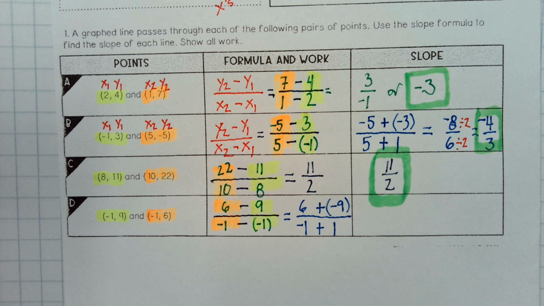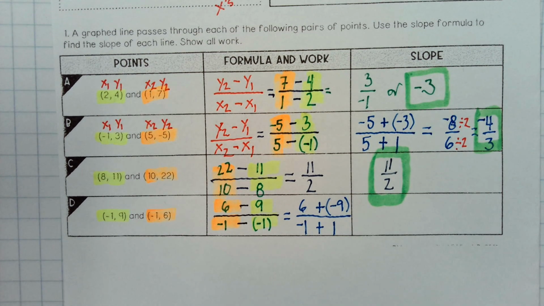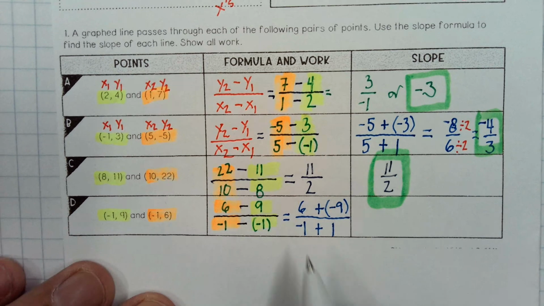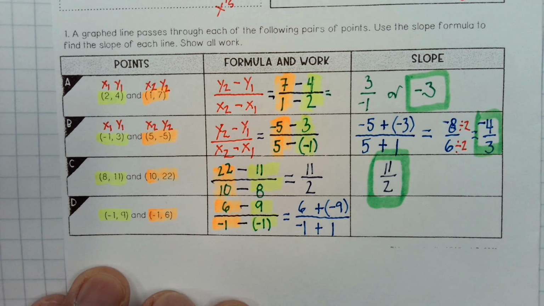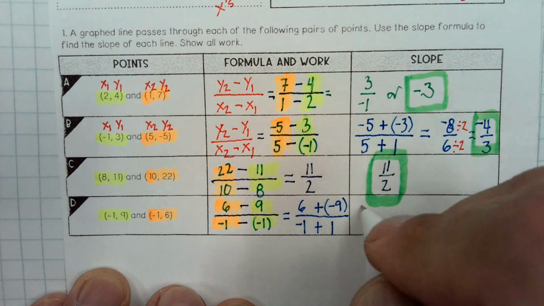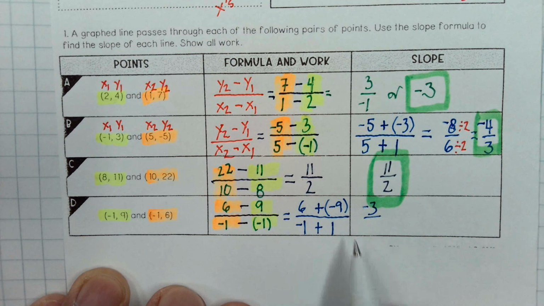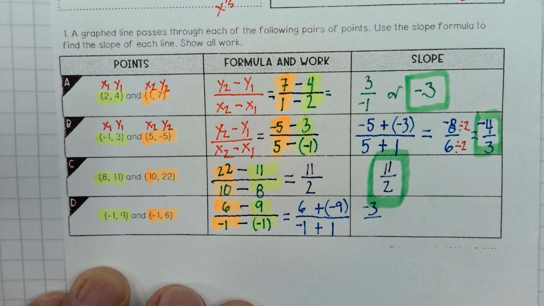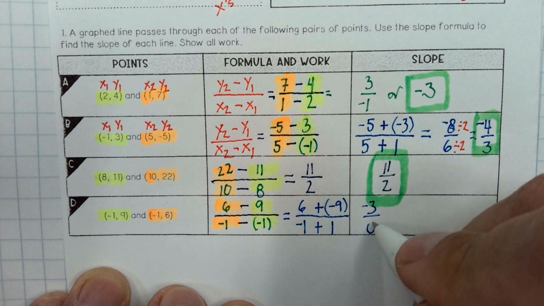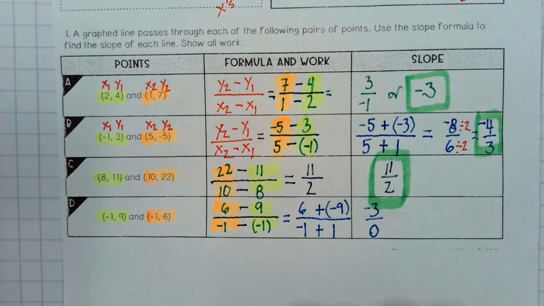So let's see what that gives us. I'm going to write the answer over here, obviously. 6 plus negative 9. How much is that? Negative 3. Sounds good to me. How about negative 1 plus 1? 0. We got a 0 in the denominator. What does that mean?